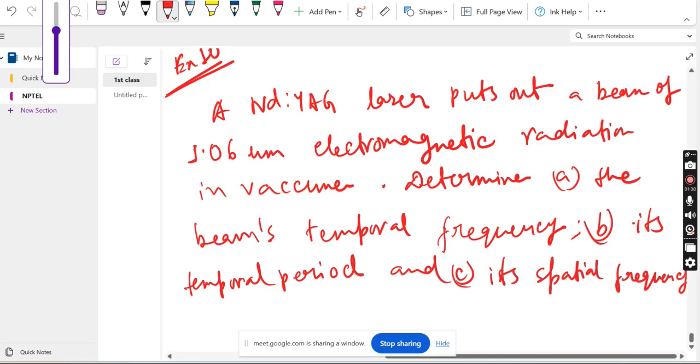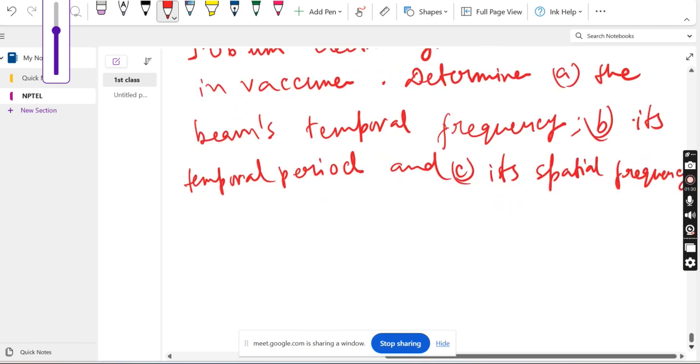So the laser puts out a beam of 1.06 micrometer in vacuum. Now calculate the temporal frequency, temporal period, and spatial frequency.